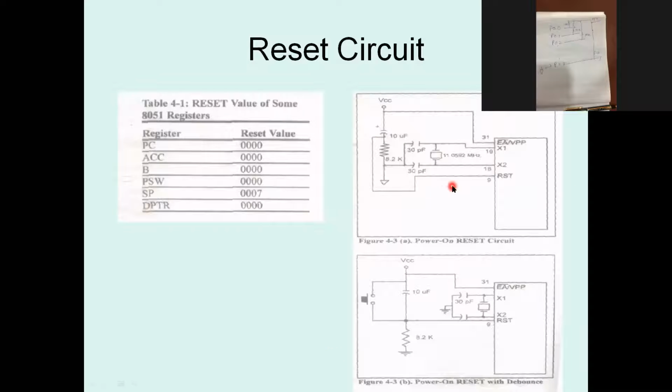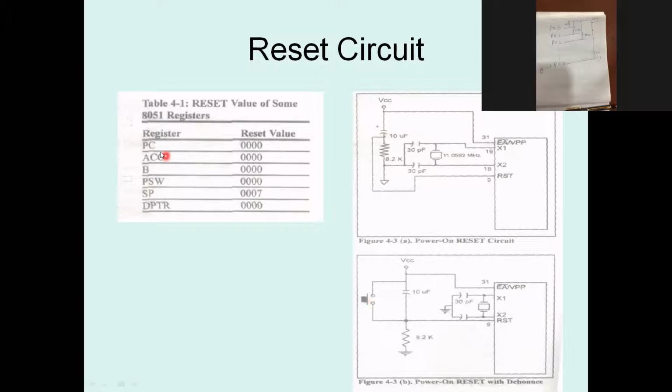At the reset condition, this circuit I already explained to you. If you are eliminating this reset circuit, then just make the circuit like that. Pin number 9 is connected with 8.2K resistance to ground, 10 microfarad with plus 5 volt, and one switch is connected, right?